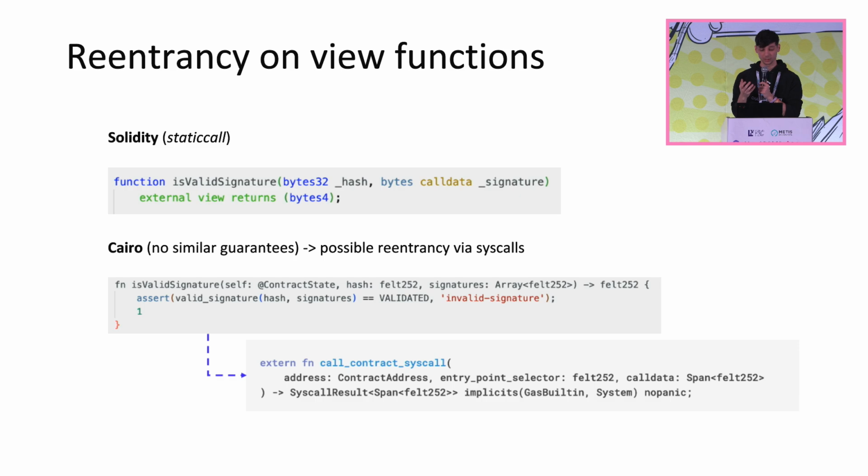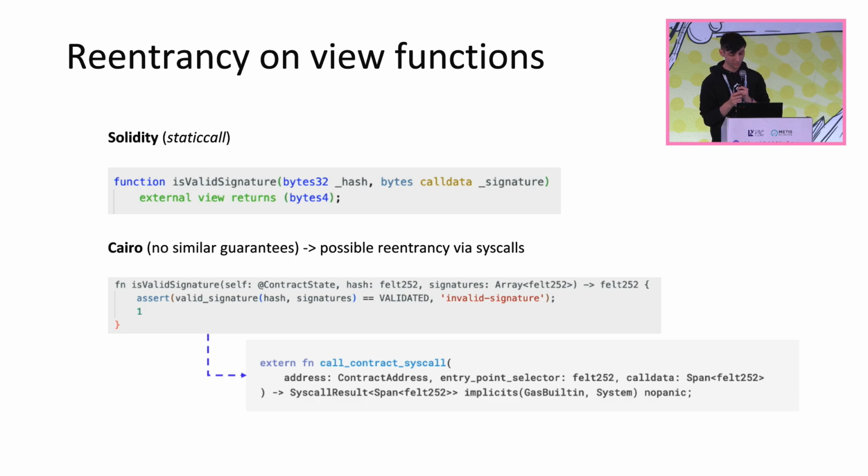However, there's an equivalent in Cairo for view functions where you pass the self, the contract state, and it will make sure that you don't try to modify the contract state using self. However, you can still do a low-level contract system call that allows you to change the contract state.